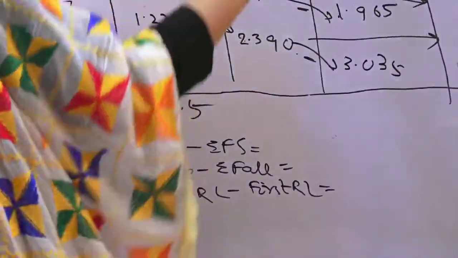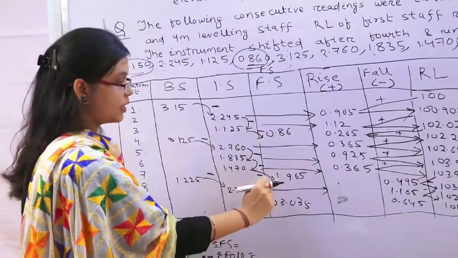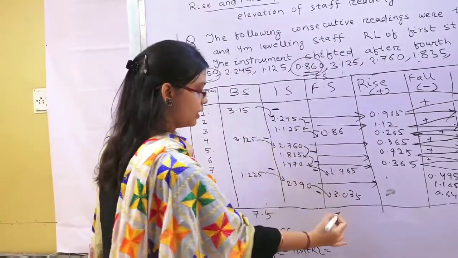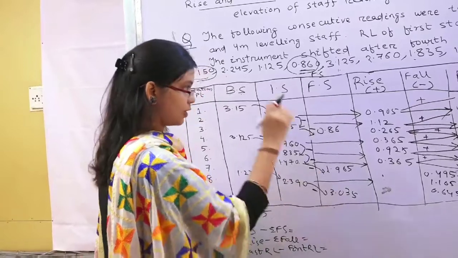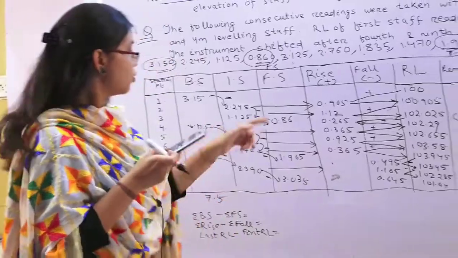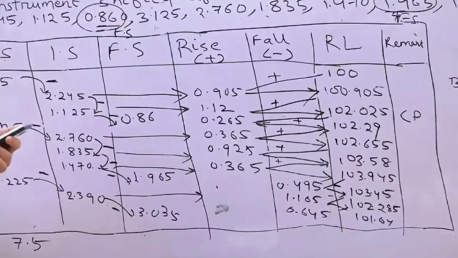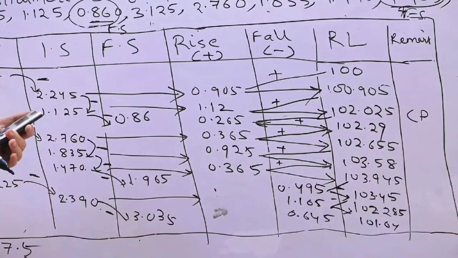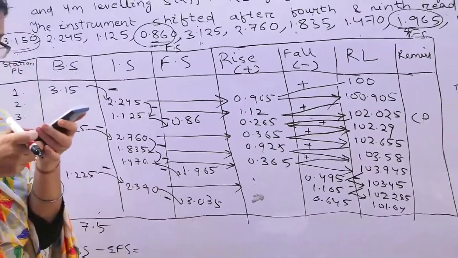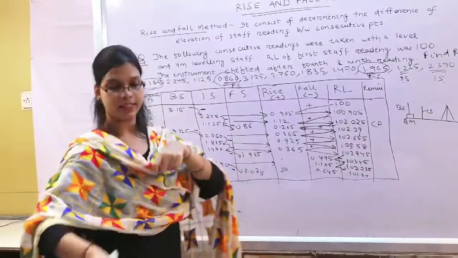Similarly, all the foresight readings: 0.86 plus 1.965 plus 3.035 gives the summation of the foresight readings, 5.86.